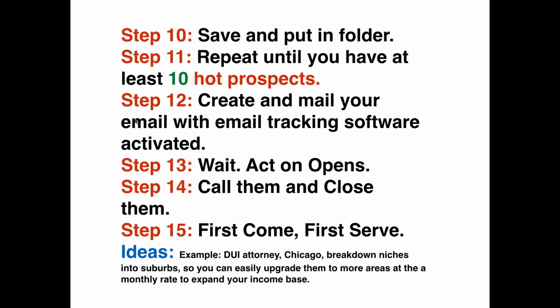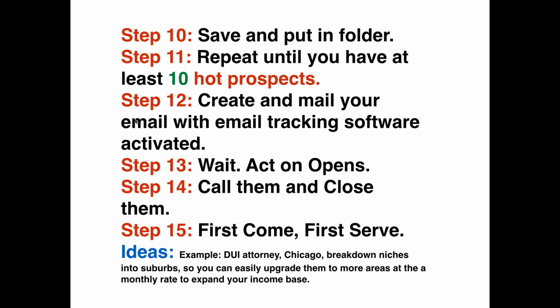So step number 10, as you make these screenshots, put them in a folder, with each potential client's name so you have it all neatly organized. Step 11, repeat it until you have at least 10 hot prospects, 10, 20, 30, 40, 50, whatever it is.